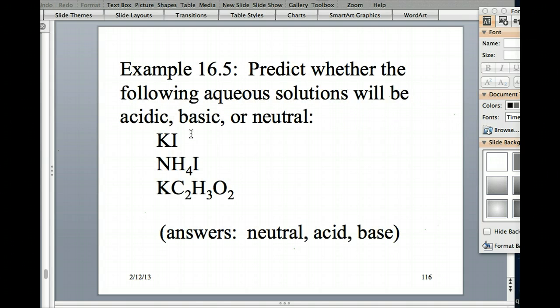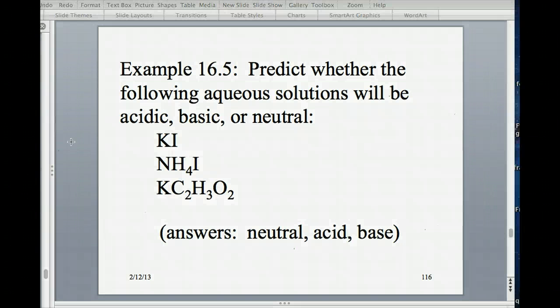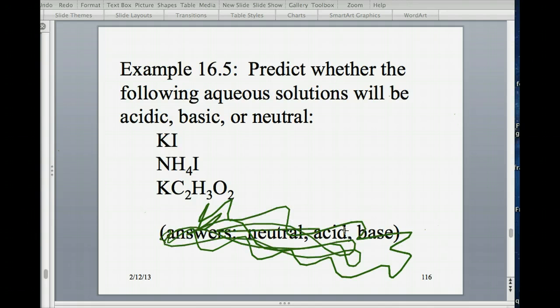If we're going to predict on these 3 chemicals to find out what their acidity and basicity is, we're going to look at this and we're going to see that KI is coming from KOH and HI, strong and strong. So we're going to say that it is neutral or no characteristics. HI carries over to the second one.